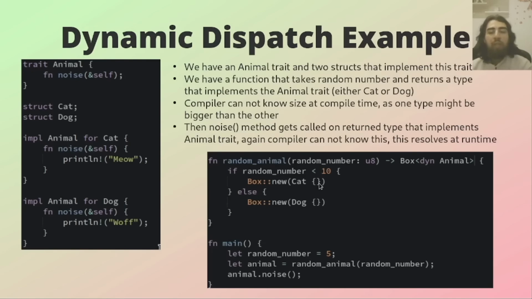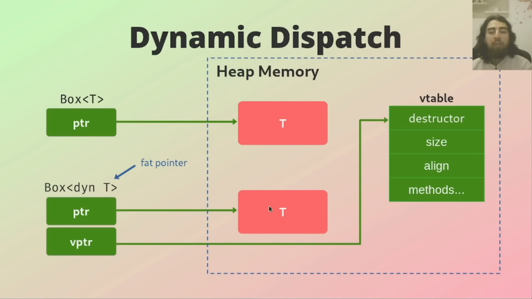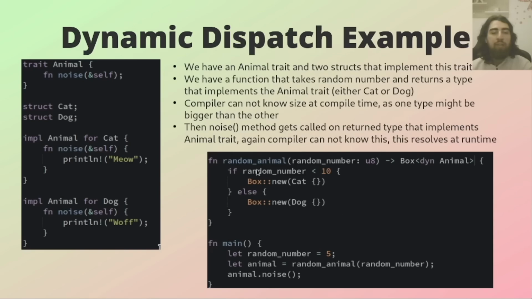We return a Cat, then the compiler will see that the concrete type over here is Cat. So it will see in the vtable the methods implemented for the concrete type of Cat. I hope this makes sense. So this is why we need dynamic dispatch here. Static dispatch doesn't work, because again, the output of this function is random.